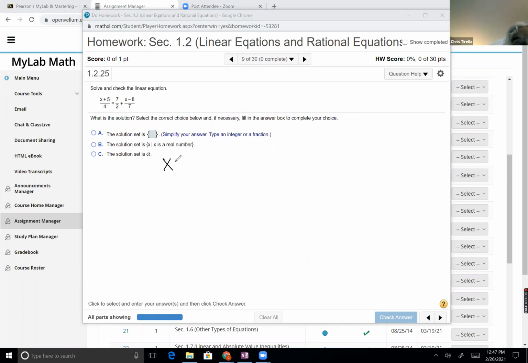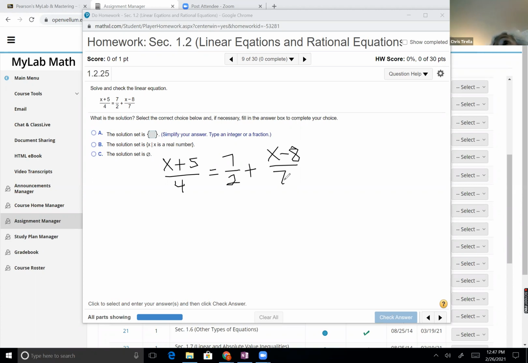If I look at x plus 5 over 4 is equal to 7 over 2 plus x minus 8 over 7. The denominators, again, are numbers, so I don't have to worry about values to exclude. Those denominators will never equal 0.